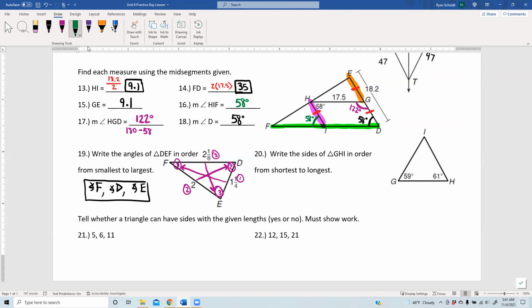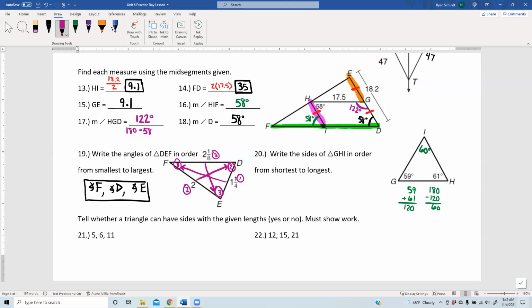We add the other two together and subtract from 180. So 59 plus 61. That's going to give us 120. Subtract that from 180. And we get 60. So this angle is 60 degrees up there.